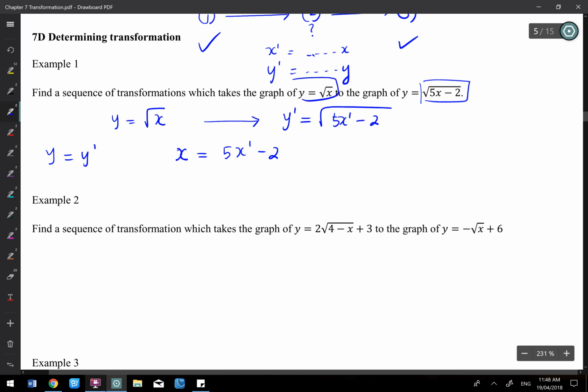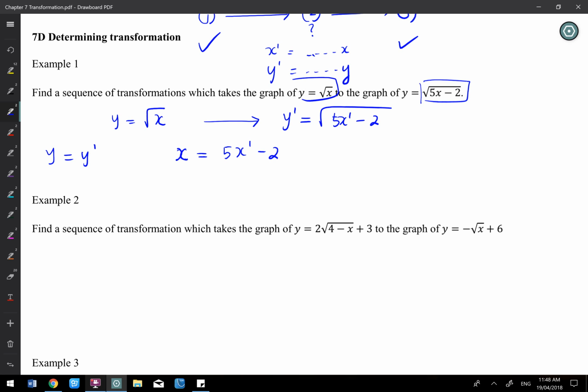Can I really say this is a dilation by factor 5 and then move down by 2? No. What I need to do is make x dash the subject, to see the new point equals to the old point what?